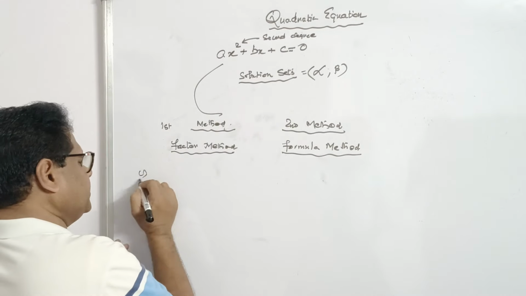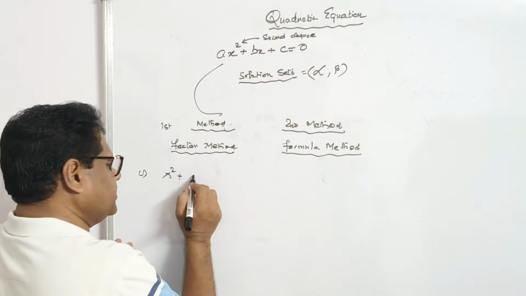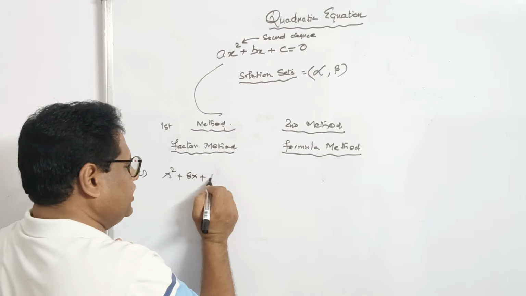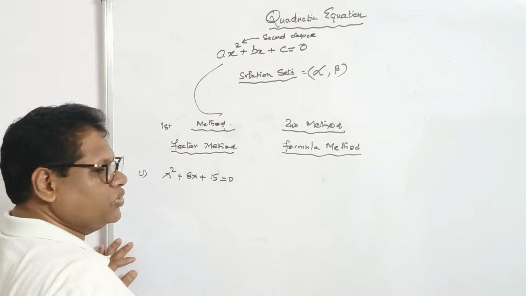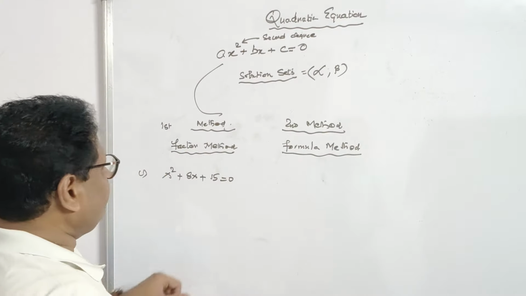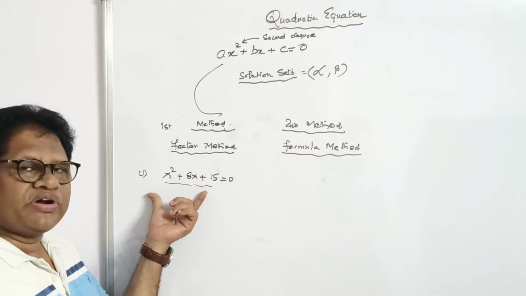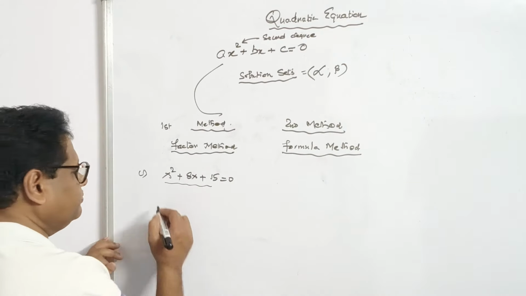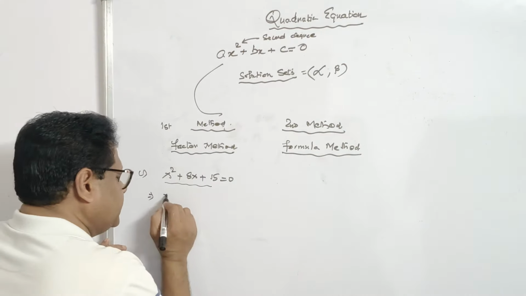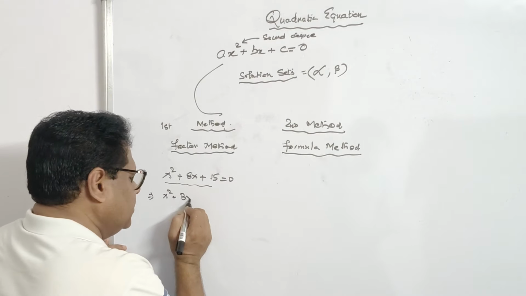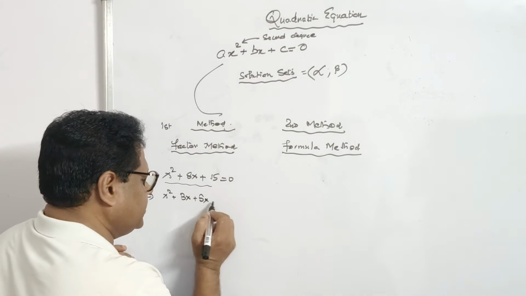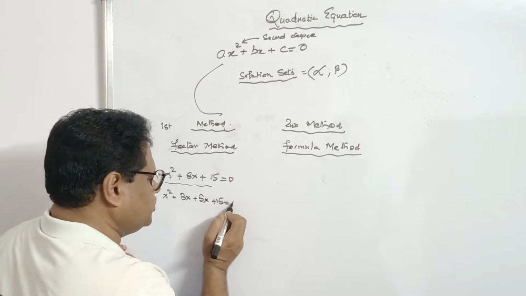Now let us take one equation, x square plus 8x plus 15 equals 0. By applying the factor method, let us factorize this. This is a trinomial which can be factorized by the middle term method. So this implies x square plus 3x plus 5x plus 15 equals 0.